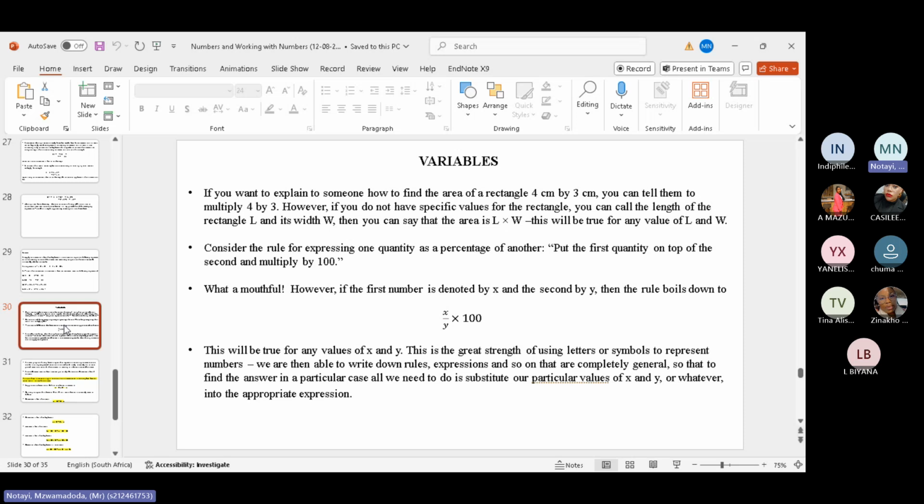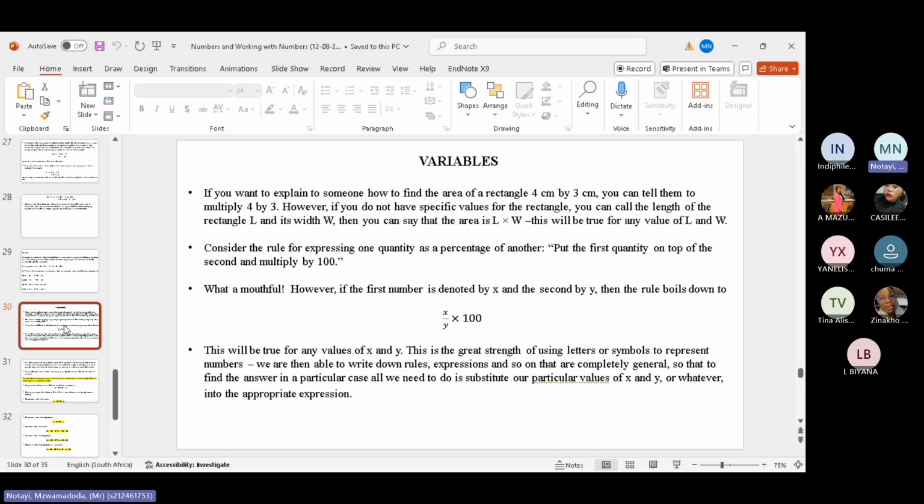However, if you're not given the specific values, you can call the length of the rectangle L, and the width W. Then you can say that the area is L times W. This will do for any value of L and W.